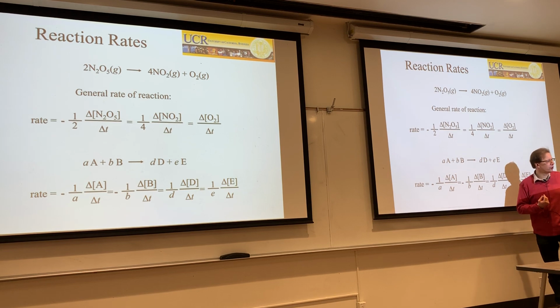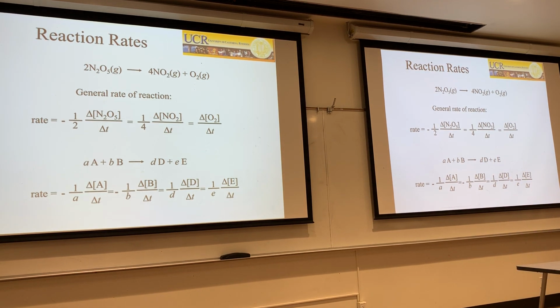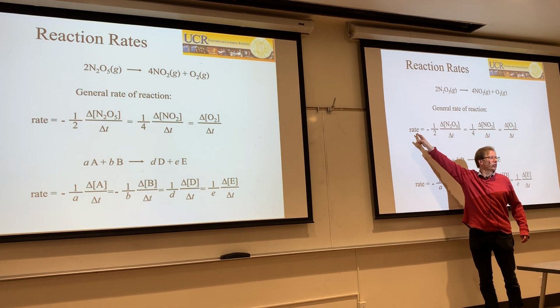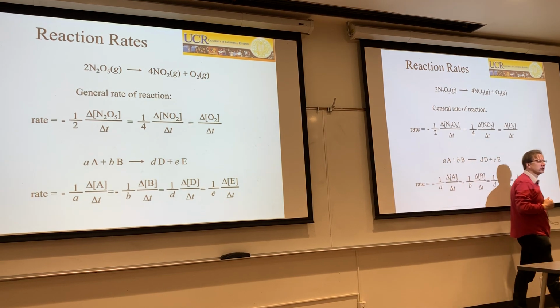But that is probably good exercise, because the other problem is that the rate of the reaction is determined by how I write my reaction. If I gave you the picture of the molecule, what happens in such a reaction, probably half of you would have written this reaction as N2O5 decomposes into 2 NO2 and 1/2 O2 molecules. And that is just fine to write it like that. The problem is the rate of that reaction then is twice as fast.